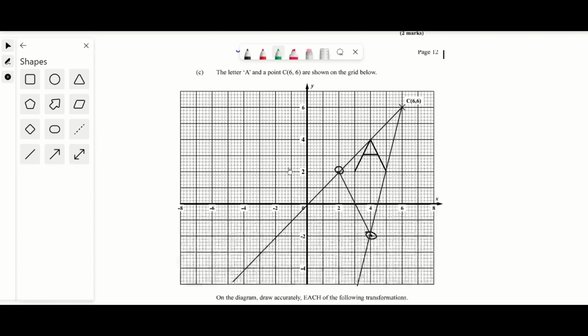We know that our distance from here to here is 1. And if it is a scale factor of 2, the distance in our A would actually be 2. So let's use this arrow. From here to here is 1, and then here to here is 2.